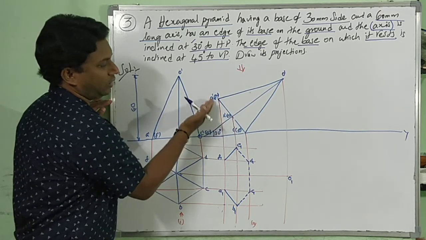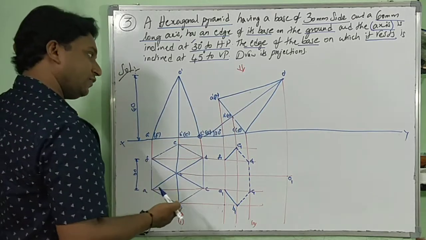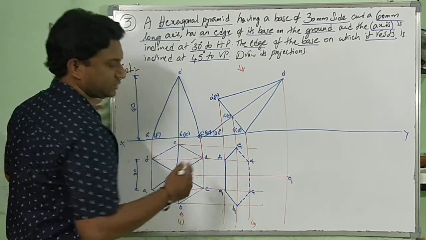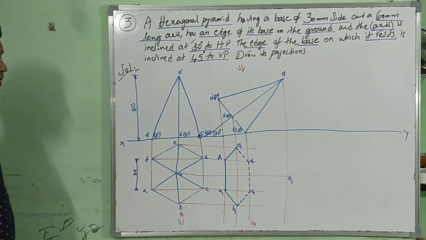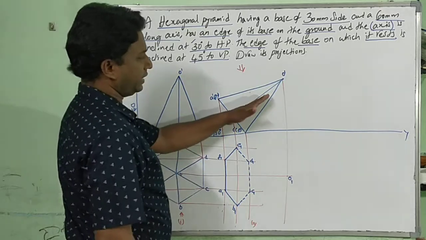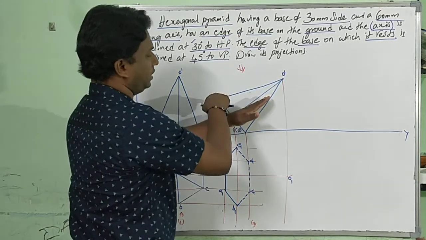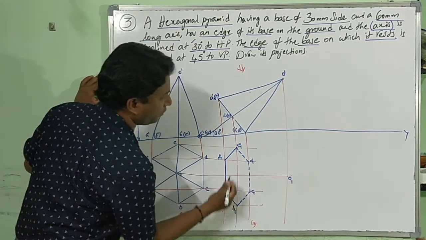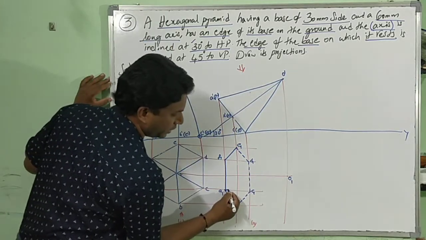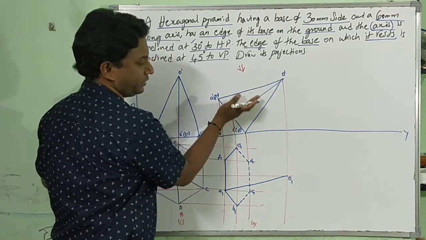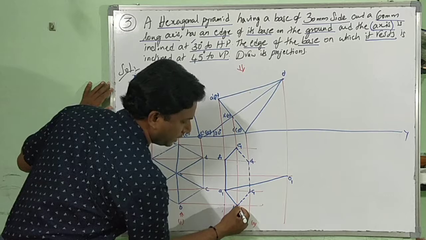Now F dash A dash reflects F1 A1, which is completely thick. The same principle applies to the slant edges. A dash O dash is the slant edge, which reflects A1 O1. As it is above the half line, it is completely thick. B dash O dash, with respect to the half line, is completely thick.